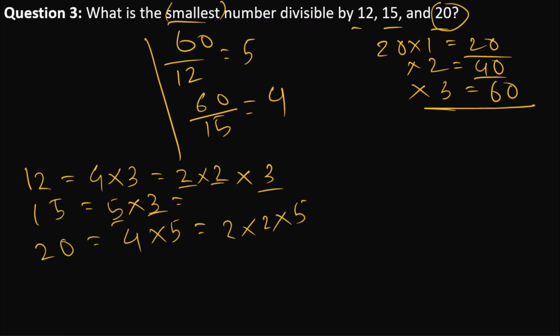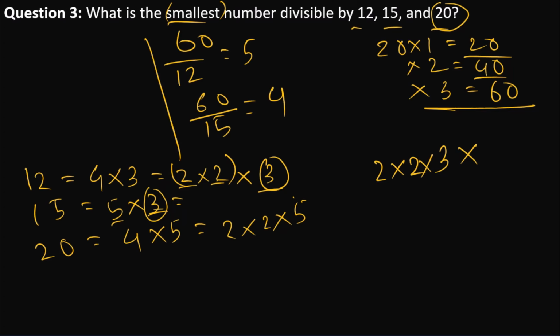So here you need to think like this. You can check the 2 times 2 and 2 times 2, it will be taken 1 time, so here 2 times 2. Then 3 and 3 is 1 time, so here you need to take 3. Every term you need to take for 1 time.